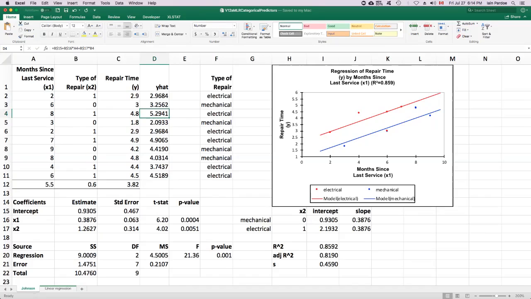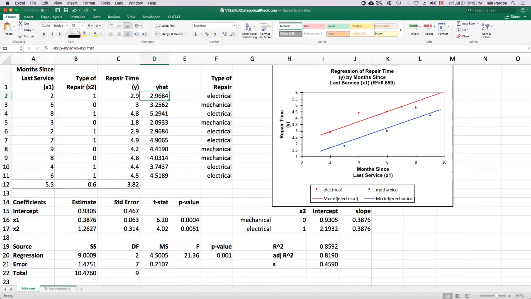Let's look at a couple more. This might seem a little tedious, and you may wonder why I'm doing this, but I want you to see the pattern of what's going on. This one's 0.9305 plus 0.3876 times 8 plus 1.2627 times 1. Let's do one more: 0.9305 plus 0.3876 times 3 plus 1.2627 times 0.